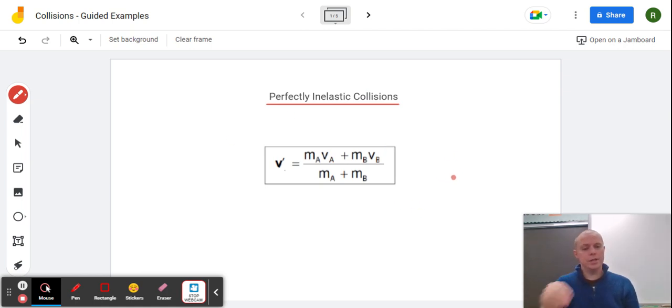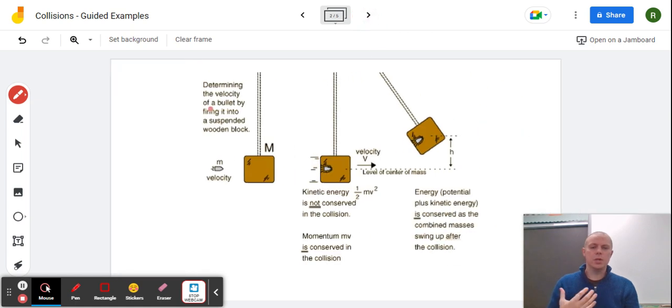What we're going to look at today is what I would consider probably an iconic conservation of momentum problem. We're going to take a look at what's called a ballistic pendulum. Before we had better technology, this was a tool that was used to measure how fast a high-speed projectile, like a bullet, would go.